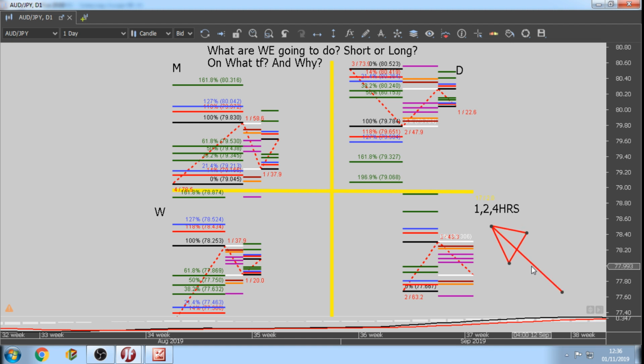Okay? Teacher Akos, teacher Annie, teacher who else? Teacher Victor, time to shine. Why are we going long if our confirmation time frame has a down original Fibonacci and a confirmed C, and also we have a Fibonacci of the confirmation?